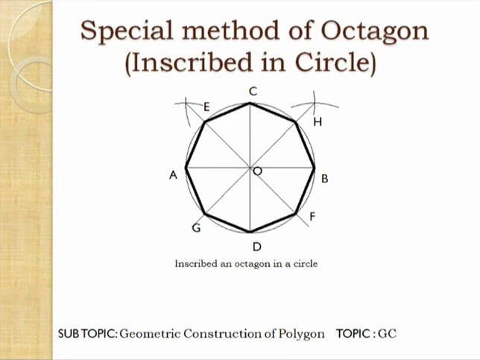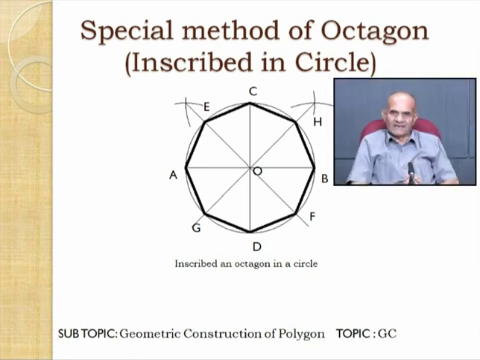Then you divide this angle AOC by bisecting this right angle, and again you bisect COB angle, then you will get another bisector HG. So we have got two bisector lines, HG and EF.